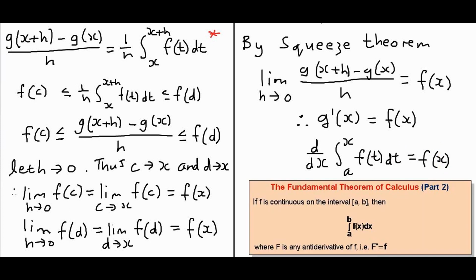Then lastly, the fundamental theorem of calculus part 2 is just the evaluation theorem which we've already proved earlier.